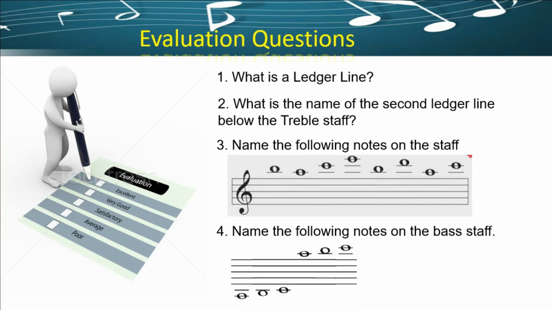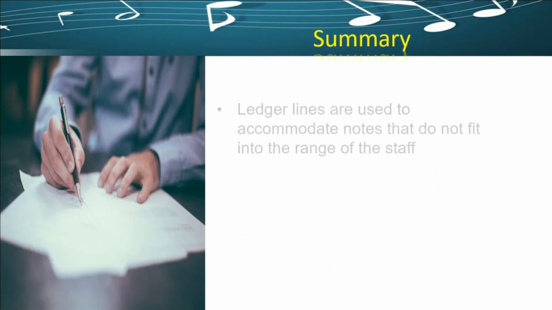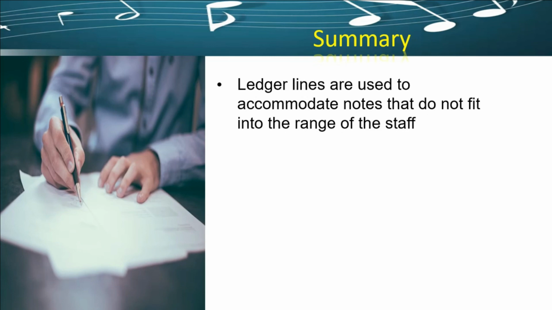So to summarize for the day, we have said ledger lines are used to accommodate notes that do not fit into the range of the staff. They are either too high or too low for the staff, so they need to be written outside, and we have to use ledger lines to accommodate these notes.